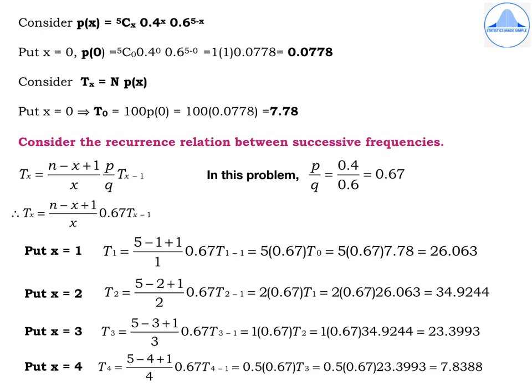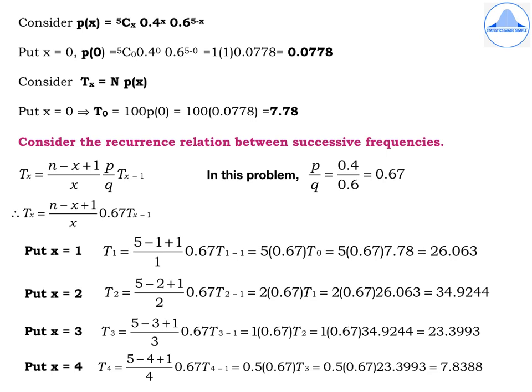Now put x equal to 1. So we get T1 is equal to 5 minus 1 plus 1 by 1, 0.67 T1 minus 1, which is equal to 5 into 0.67 T0, which is 5 into 0.67 into 7.78, which is 26.063.